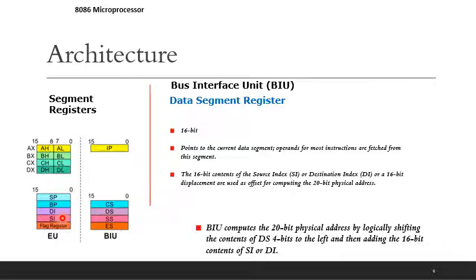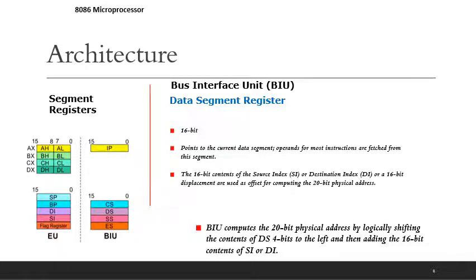That is, the bus interface unit computes the 20-bit physical address by logically shifting the content of the data segment 4 bits to the left and then adding the 16-bit content of the source index register or destination index register.